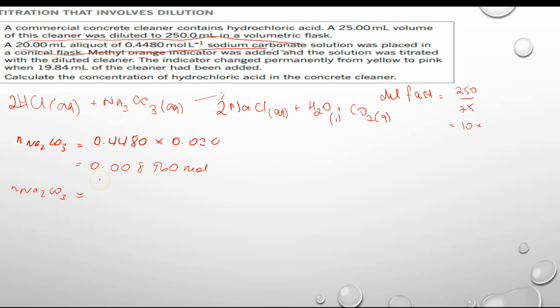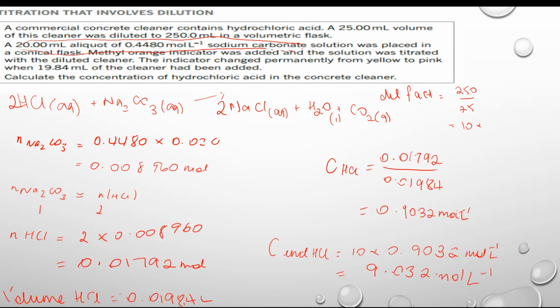Rather, if I've got that quantity of Na2CO3, I'm going to have two lots of the amount of HCl. So the ratio there is 1 to 2.